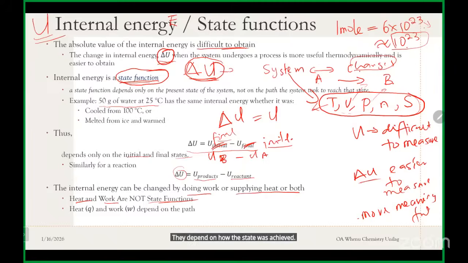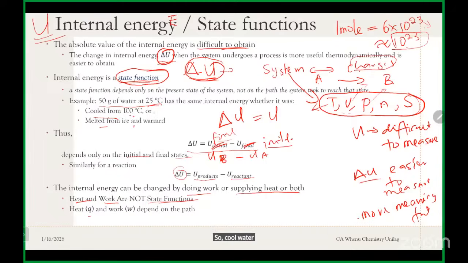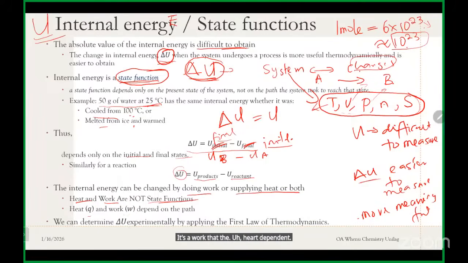So the work done to melt ice and warm it up to 25 degrees is different from the work done to cool water from 100 degrees to 25 degrees. So heat and work are path dependent. We can determine delta U experimentally by applying the first law in relation to Q and W.